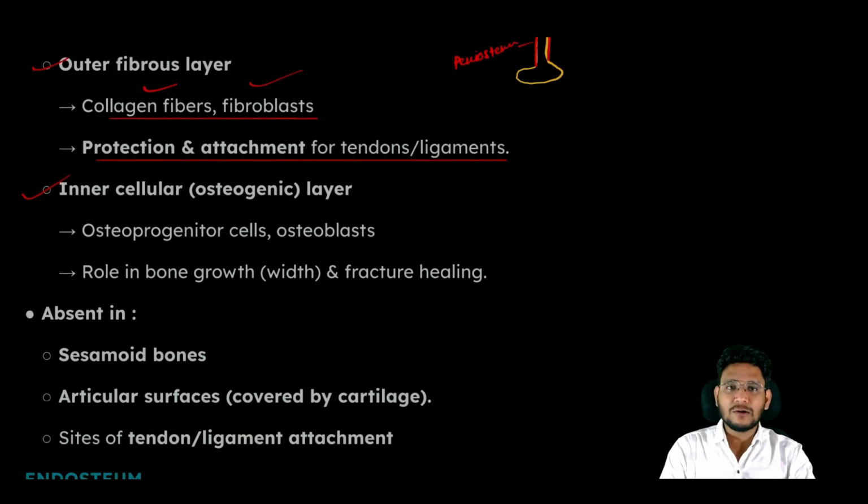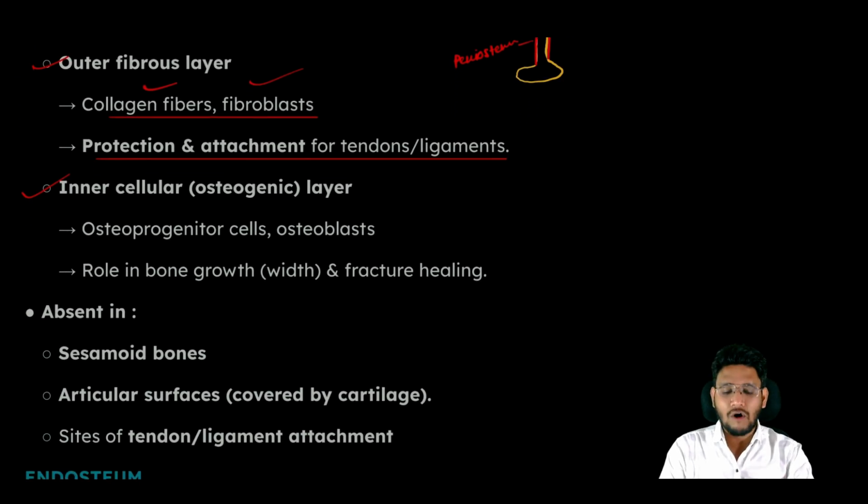Then we have the inner cellular layer. It is also called the osteogenic layer because it has the potential to produce bone tissue and is responsible for the formation of bone tissue.